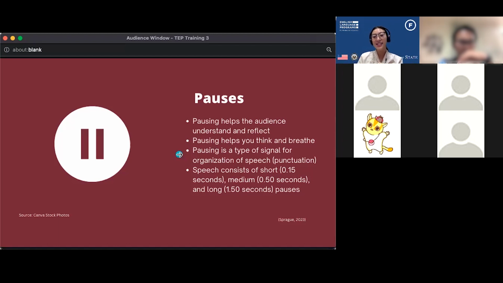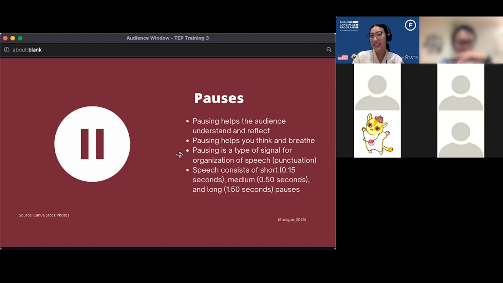And pauses also are a signal. It is a sign for the audience on the organization of the speech. When we are writing in English, we use punctuation marks, right? Period, question mark, comma.